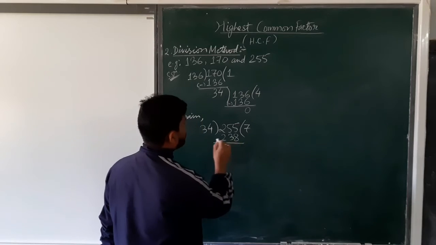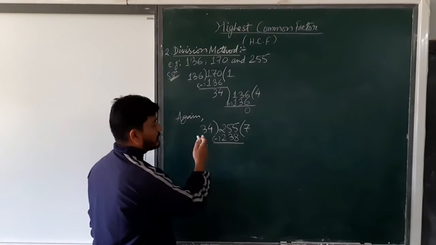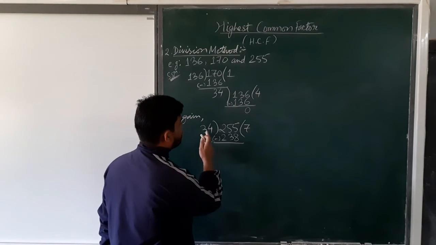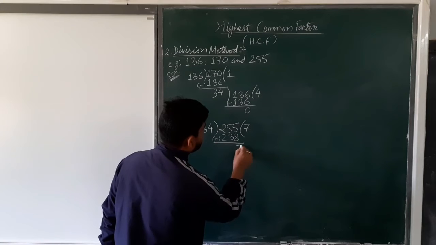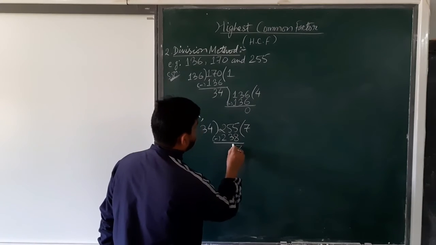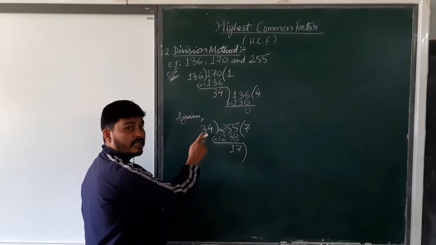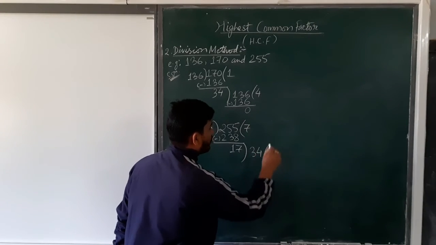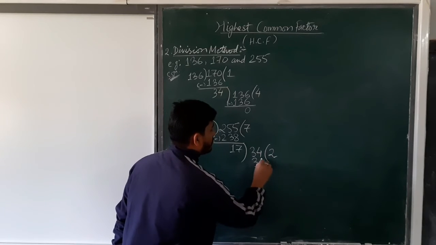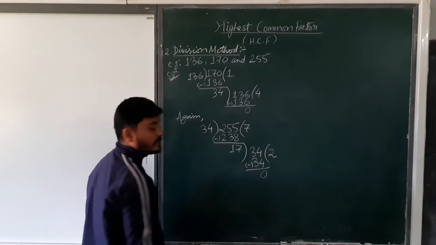Since 255 is not directly divisible by 34, we divide it as 34 7s are 238. Then you subtract it. Then we get the remainder as 17, and then divide the first divisor. The first divisor is 34. 17 2s are 34. So we get the remainder as 0.